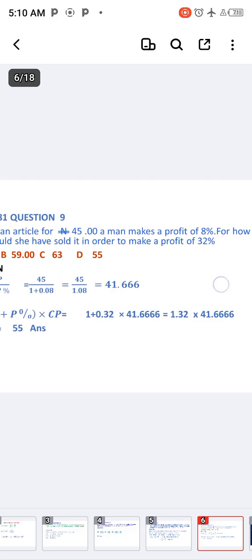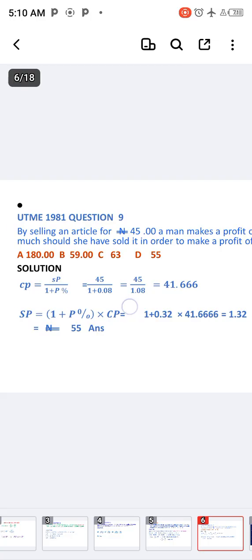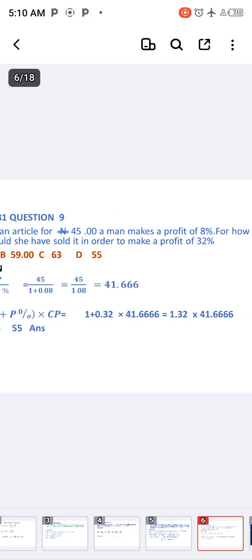For how much should he have sold it in order to make a profit of what? 32%. Yes. He sold the article for 45 naira and made a profit of 8%. Now, how much should he have sold that article so that he makes a profit of 32%?